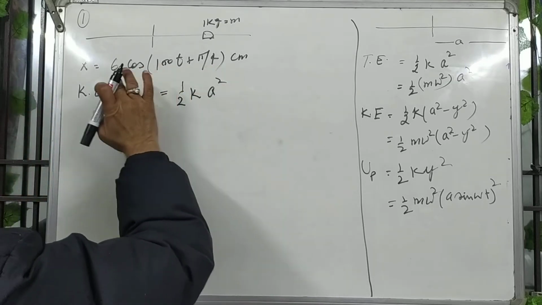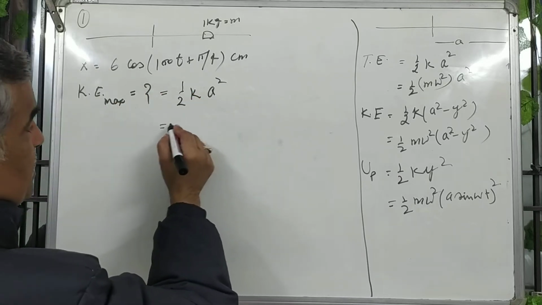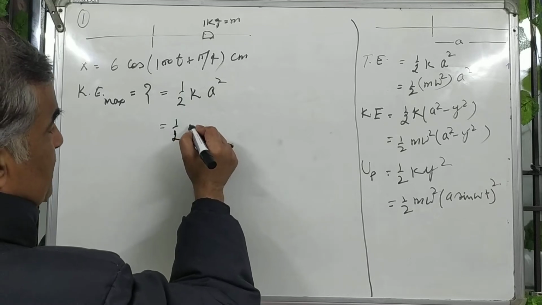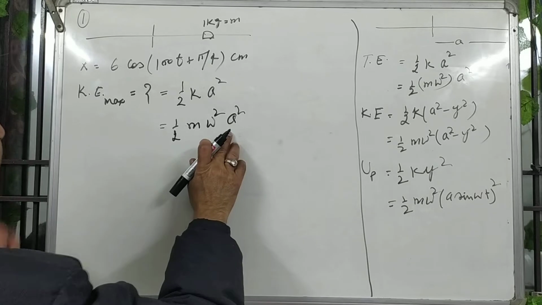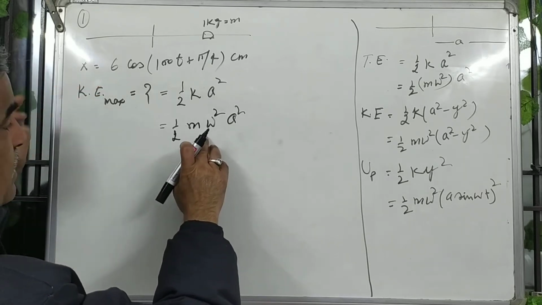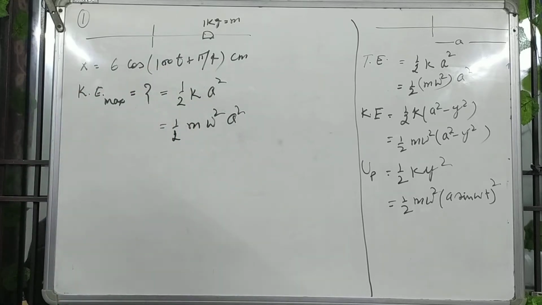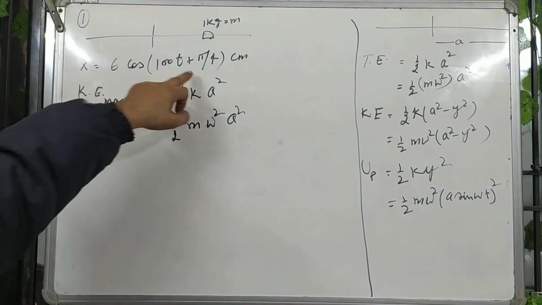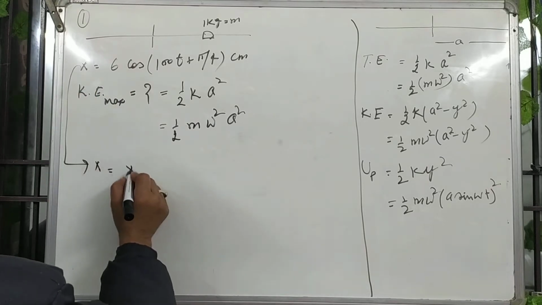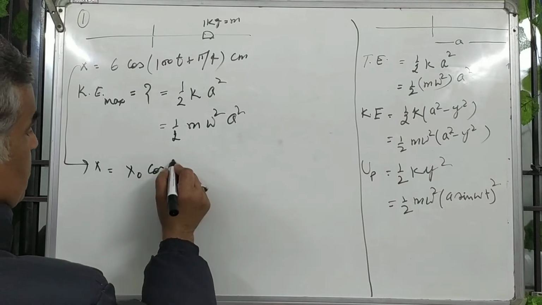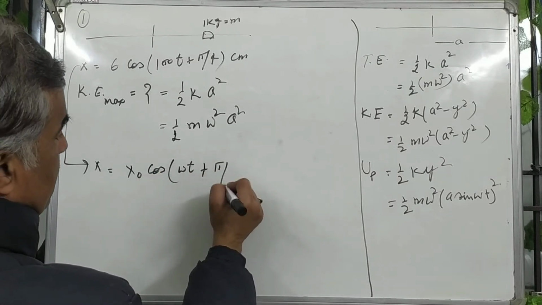From this equation, it is known that the amplitude is 6. So half k means half m omega square A square. A value is 6. Omega from this equation is 100. The general equation is x equals x naught cos(omega t plus pi by 4).